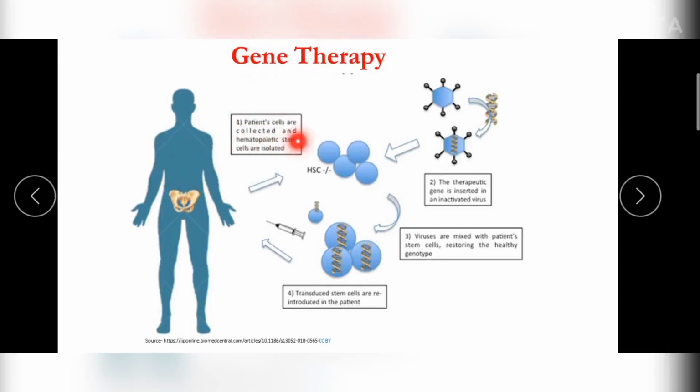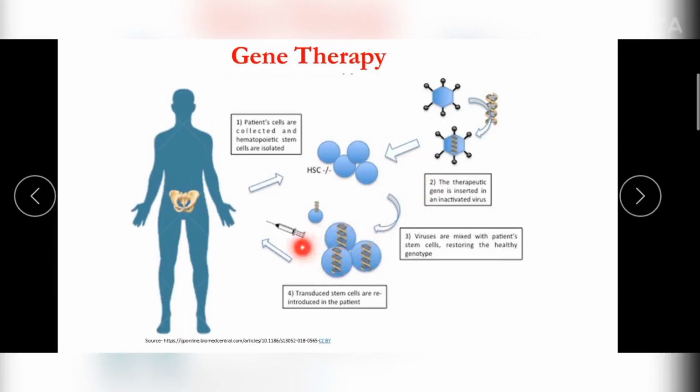taken from the patient and they are infected with this recombinant retrovirus. This recombinant virus contains the gene which is coding the therapeutic protein. When these stem cells are infected with this recombinant virus, the gene present in the virus will be transduced into these stem cells.